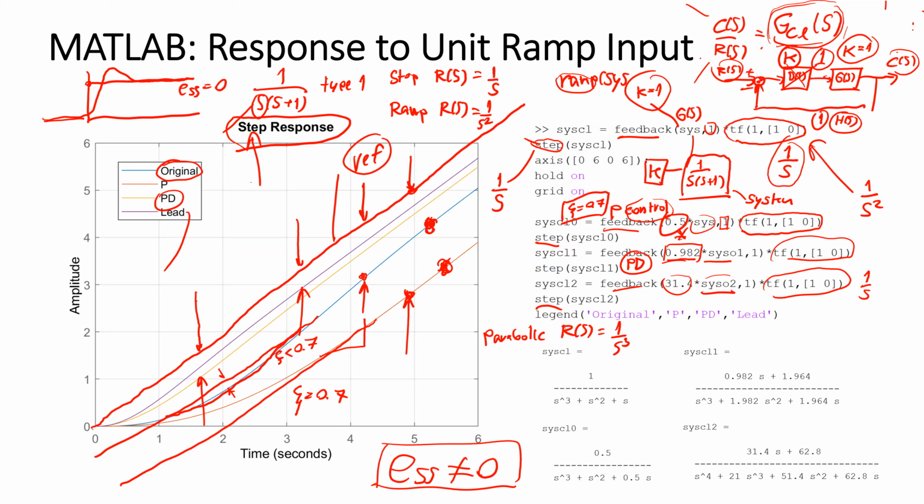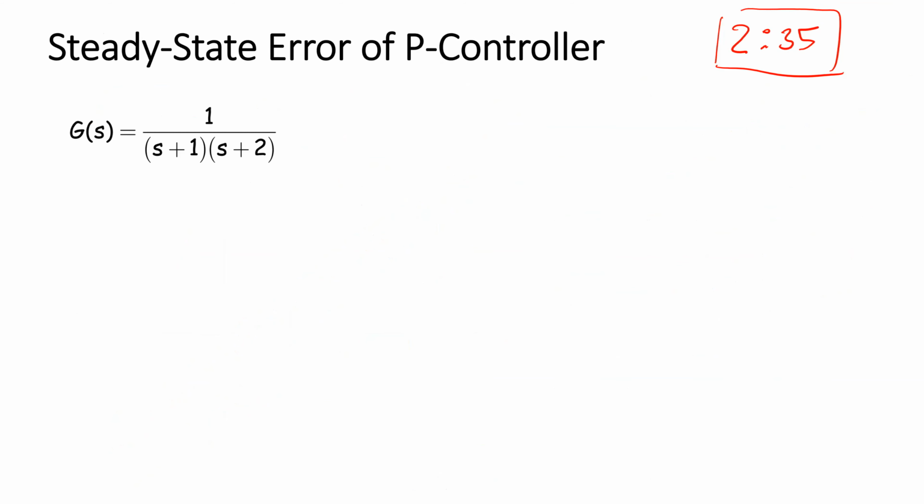So our hint is maybe the lag compensator, which is similar to the PI, can help us reduce the steady state error. But before we jump into MATLAB, we may try to review the idea of the steady state error from the block diagram.